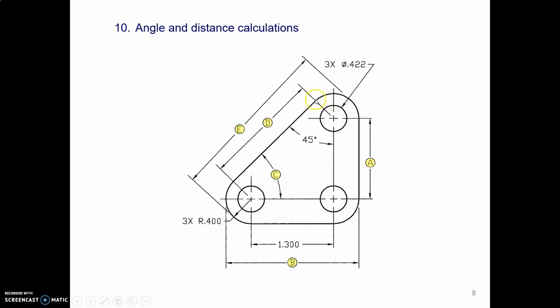Okay, and then finally, if we know what that diagonal center distance is, and we know that each corner has a radius of 400 thousandths, we can figure out how wide this overall width is. We've got that center-to-center distance. We've got 400 on one end. We've got 400 on the other end. And this is a trick that comes up in designing a lot, where you think, okay, well, let's look at the B dimension.